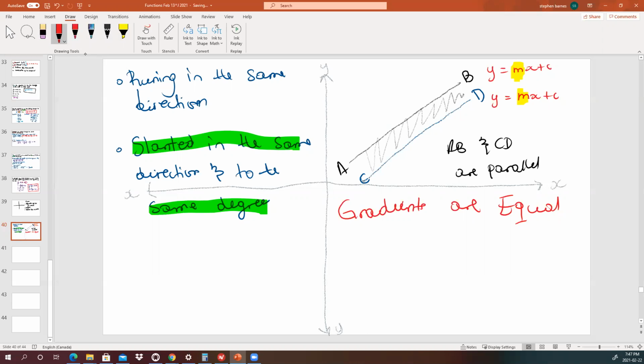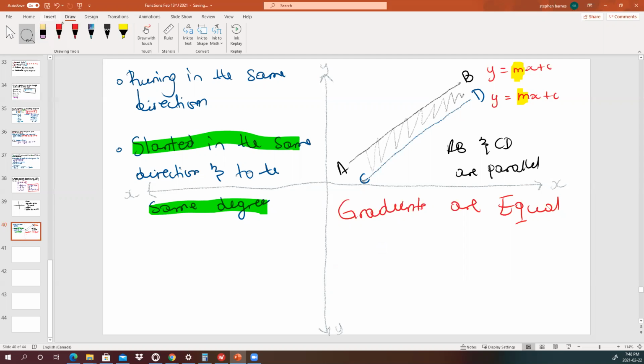And remember that when we spoke about gradients in our last class, we emphasized that the gradient measures the slant or the slope of the line, right? And now we're hearing that parallel lines slope the same amount, the same way. So it follows that the gradients would be equal. So the gradient of AB, let me just write this properly.